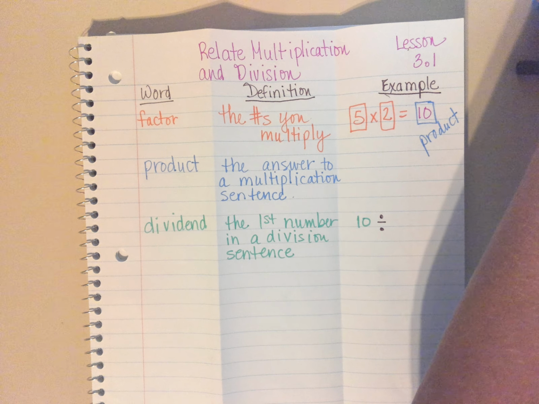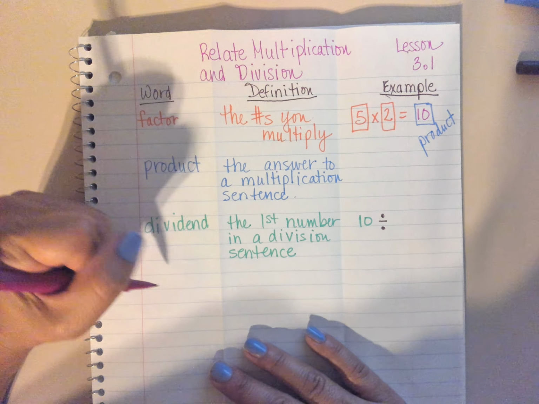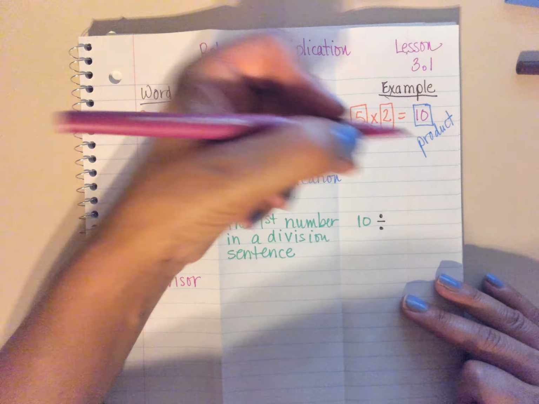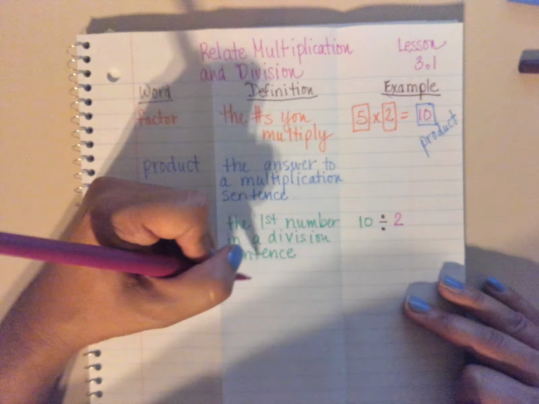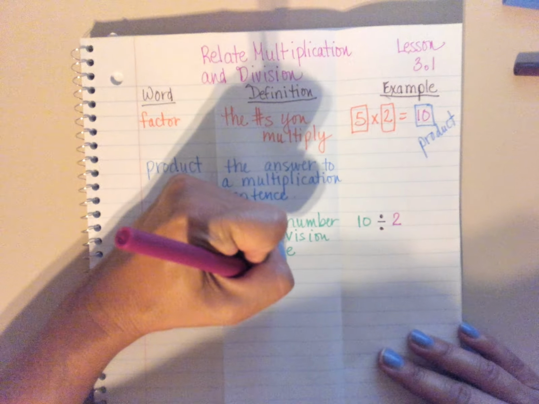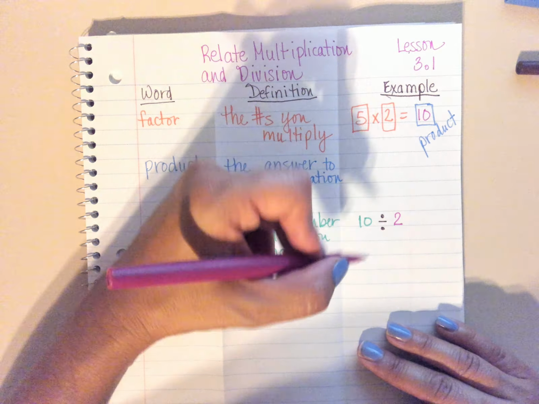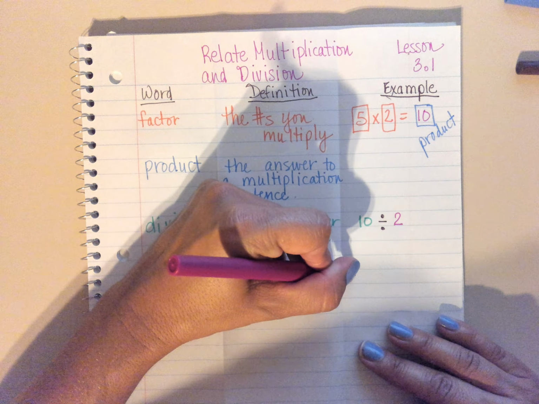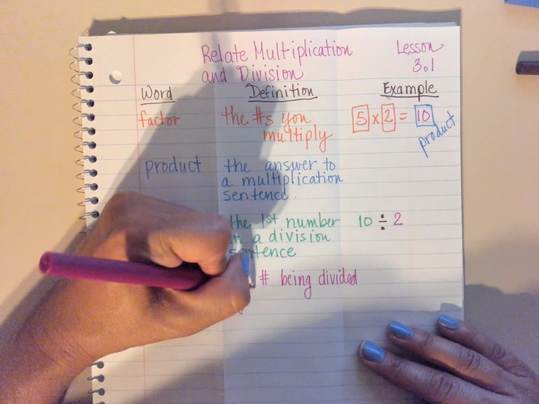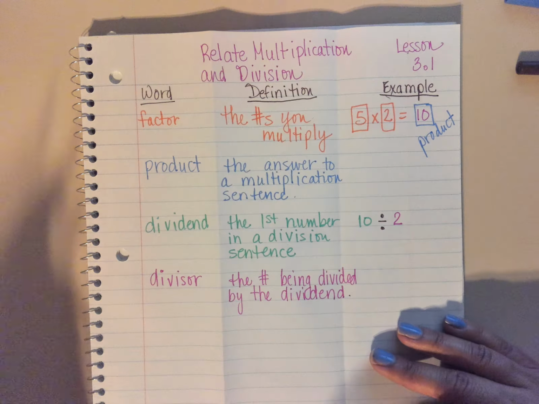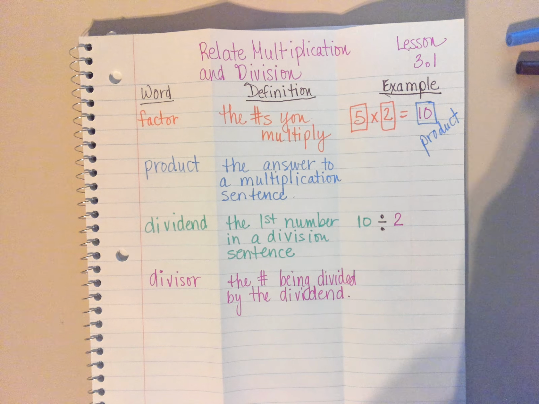So let me think of another color here. The divisor is this number. Okay, so we've got the dividend is the first number.